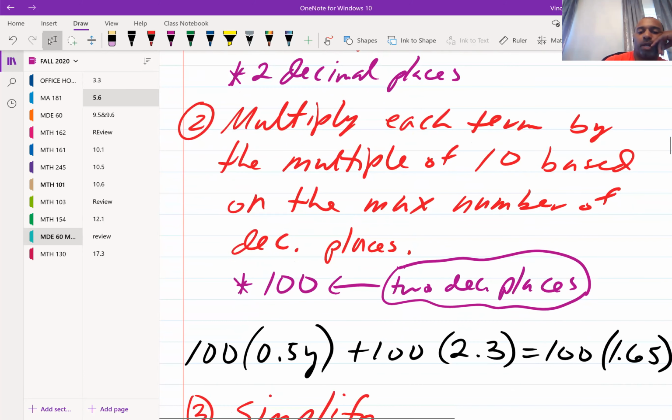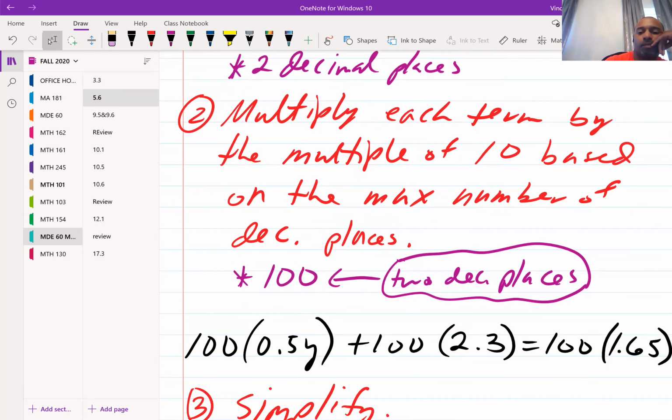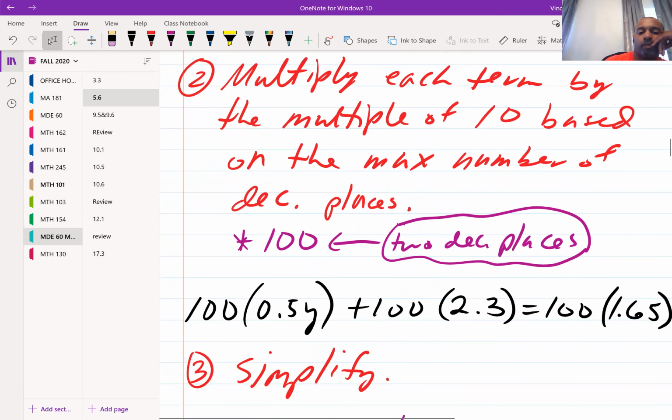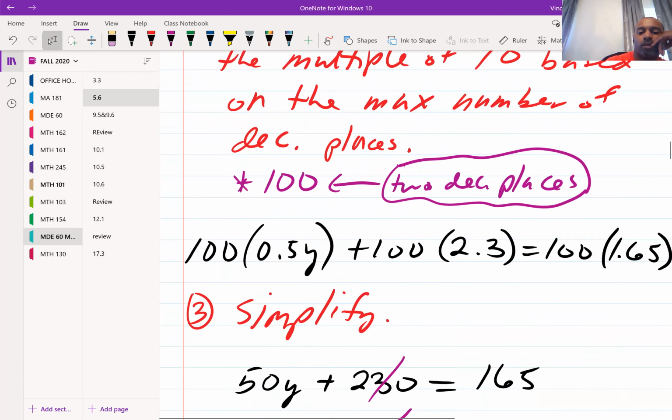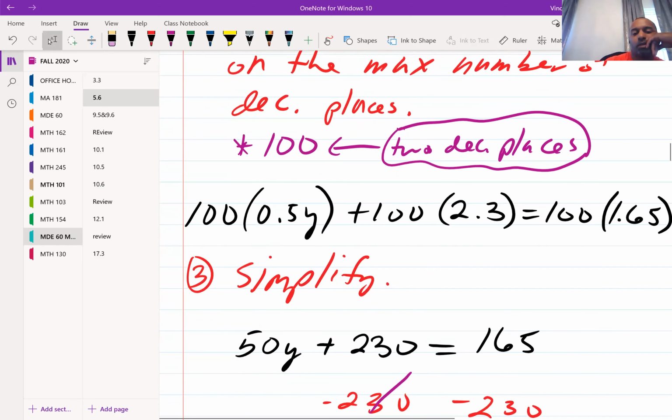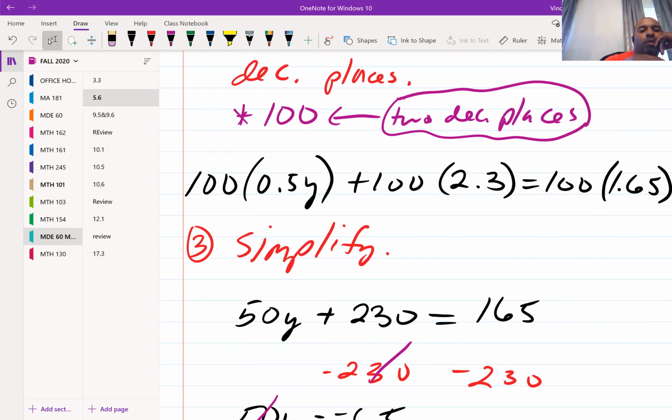All right, so we multiply each number by 100 and then simplify. So 100 times 0.5 is 50. 100 times 2.3 is 230. 100 times 1.65 is 165. Should have put the 4th step down here to solve.